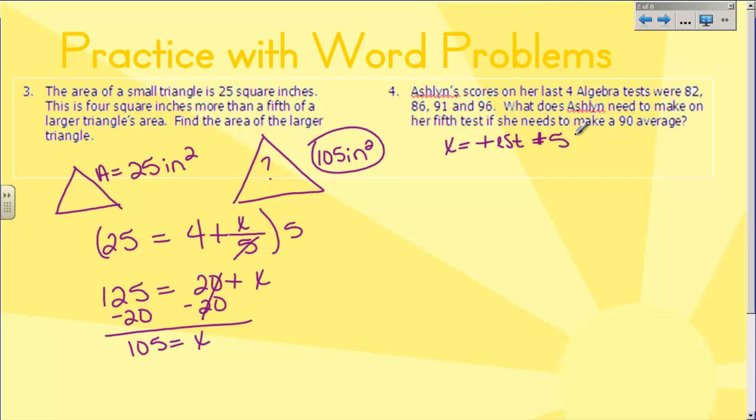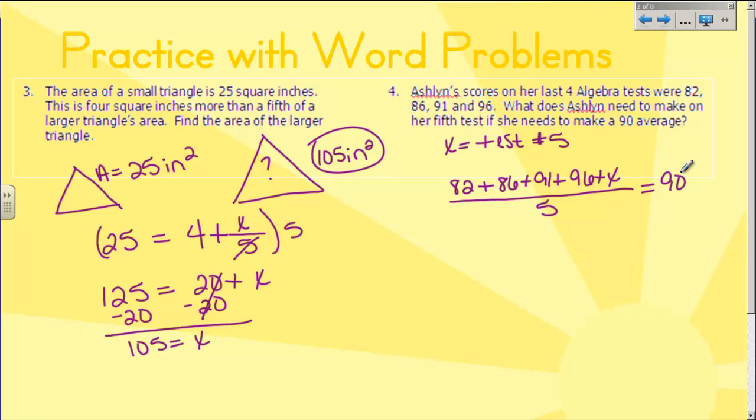To find an average, you should know that you take everything, add it up, and divide by how many there are. So she has an 82, an 86, a 91, a 96, and test number 5 that we don't know. Divided by 5, she wants that to come out to equal a 90. That's her goal.